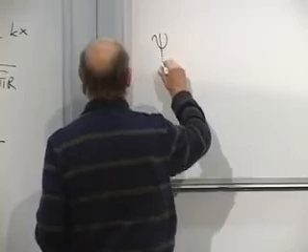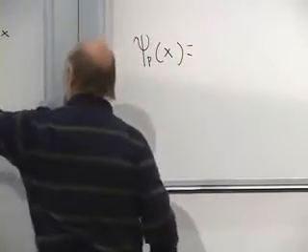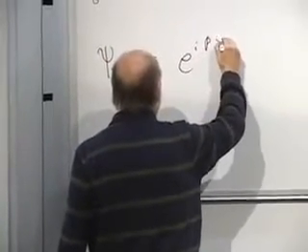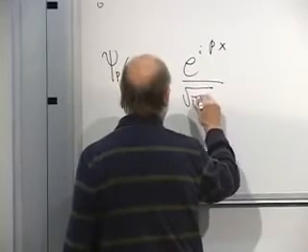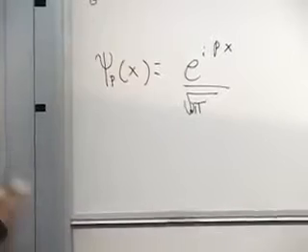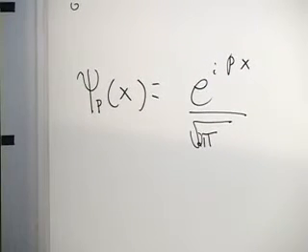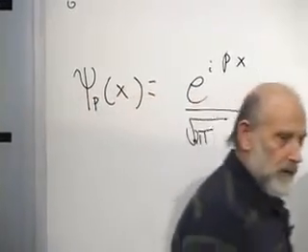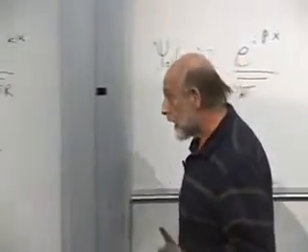Psi p of x will, instead of being this thing, be the same thing, e to the i p x over the square root of 2 pi, without the r here. That means these wave functions have been stretched out by a factor of square root of r.